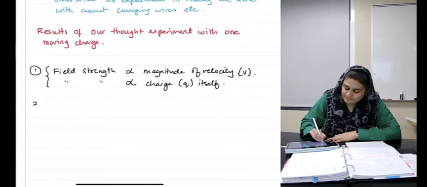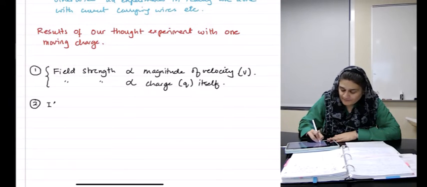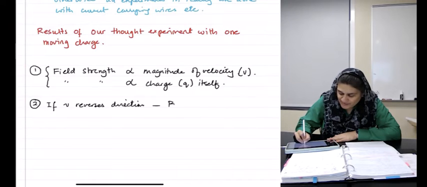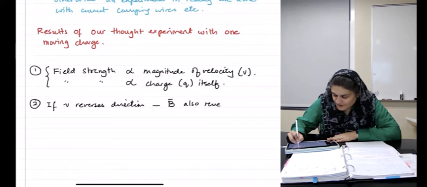Number two, if V reverses direction, B also reverses direction.